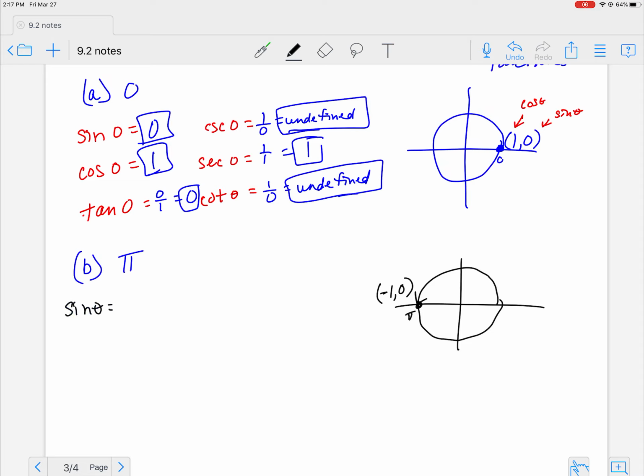So again, cosine is the x value, sine is the y value. So let's lay all of these out. Sine theta, cosine theta. Oh, no, we know theta. That's a pi.